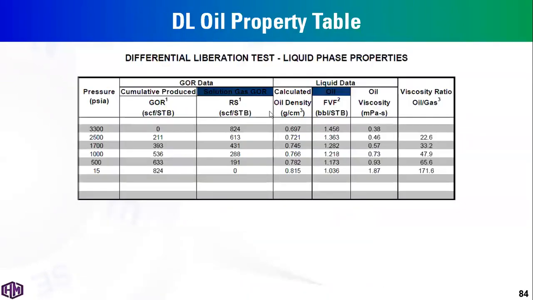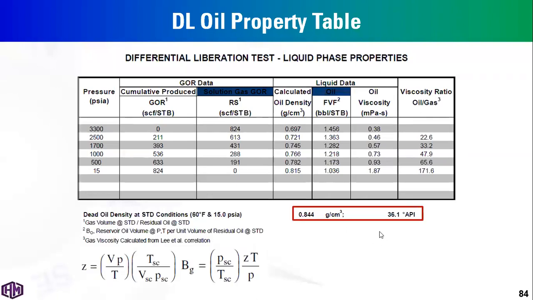For more details, the DL, differential liberation oil property table, as you can see, we can measure API and the relative density at standard conditions.